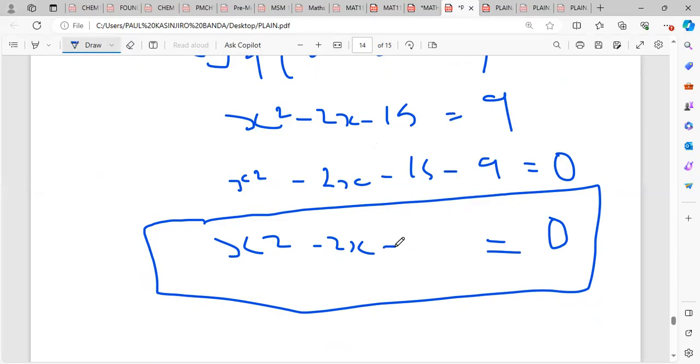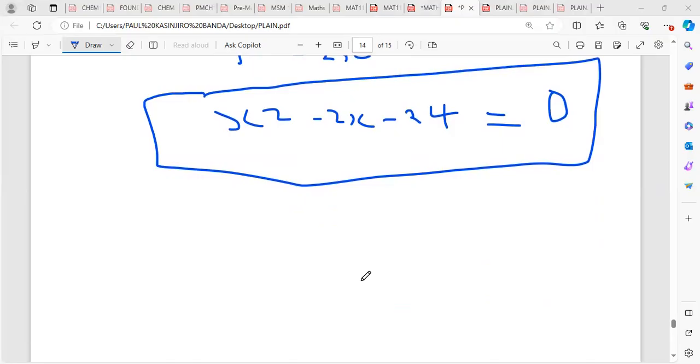The answer there will be minus 24. And this minus 24, I can now see the factors of this equation.